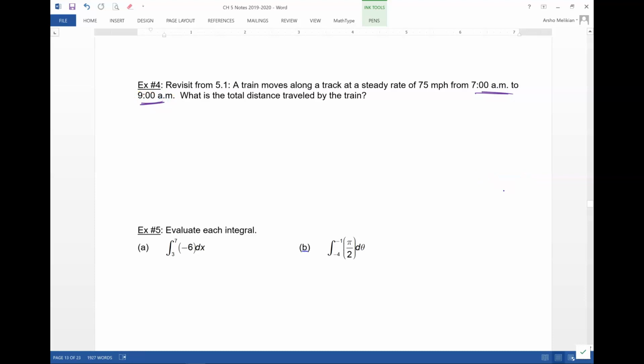Now, when we're asked for the total distance, we say, oh, that's the integral of this function, which is 75. We're going from 7 to 9, correct? Don't go from 0 to 2.